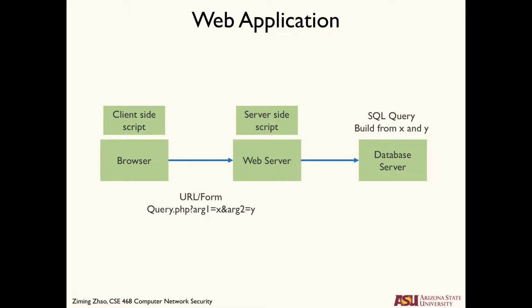The server will construct a query based on these arguments and then send it to the database. Then the database will do all kinds of query operations like insert and select, retrieve some data from the database, then send it back to the web server. Then the web server will build the web page based on the returned data.